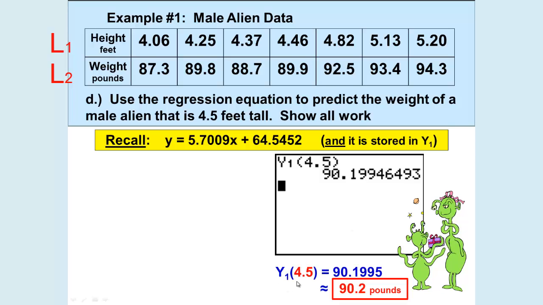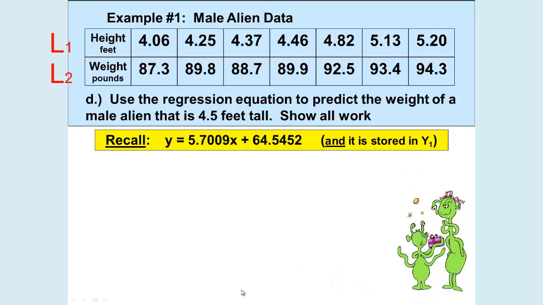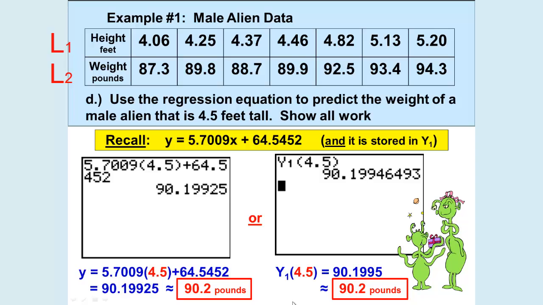That's basically substituting 4.5 in place of the x. If we use this notation, the calculator does those substitutions for us and gives us the result. We are the same out to 3 decimal places in both forms, and when we round to 1 decimal place, we're the same.